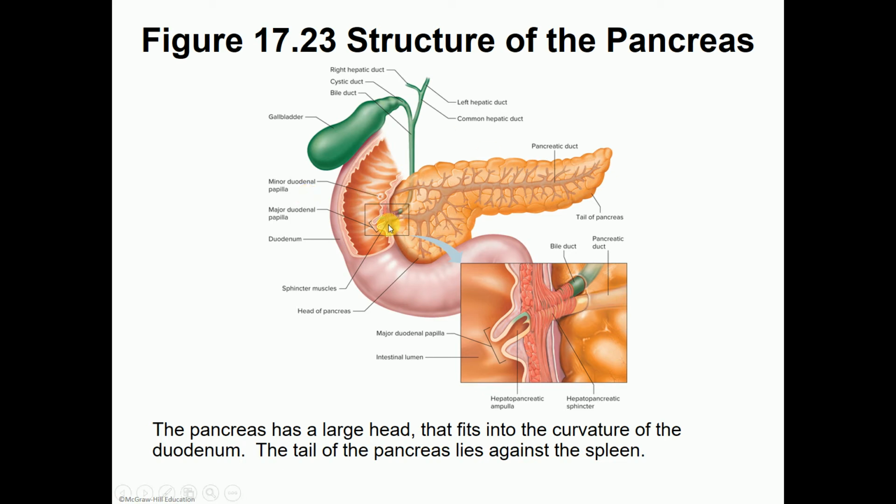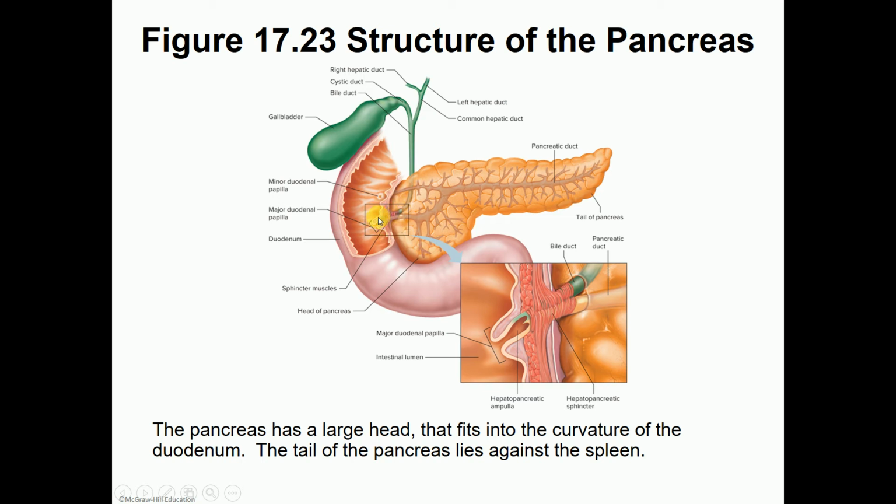So the smaller one of the two is the minor duodenal papilla, and this is where the minor pancreatic duct opens. The bigger bump on the inside of the duodenum is known as the major duodenal papilla, and this is where your major pancreatic duct, together with the bile duct, both of them open into this area.